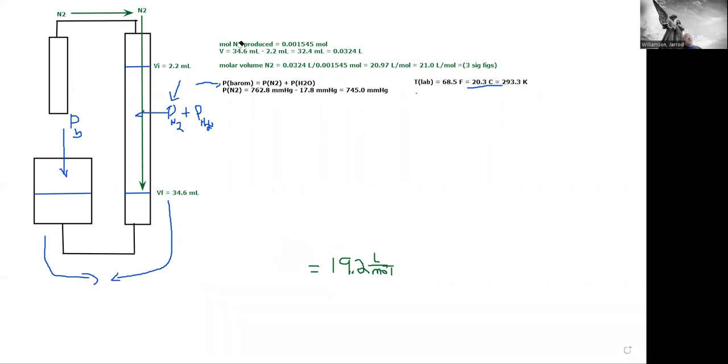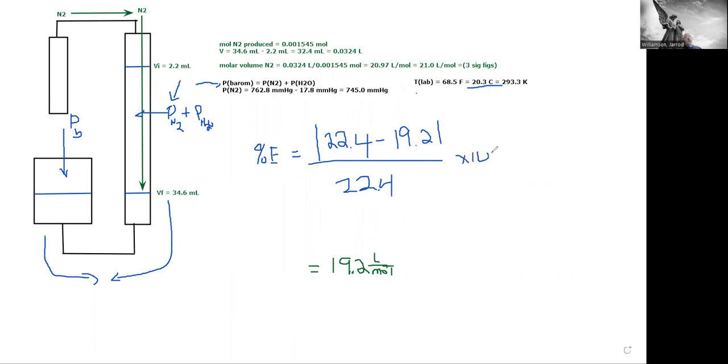The percent error will be equal to the absolute value of the true value, 22.4 liters per mole, minus 19.2 liters per mole, divided by 22.4 liters per mole, all times 100. And my units all cancel out.